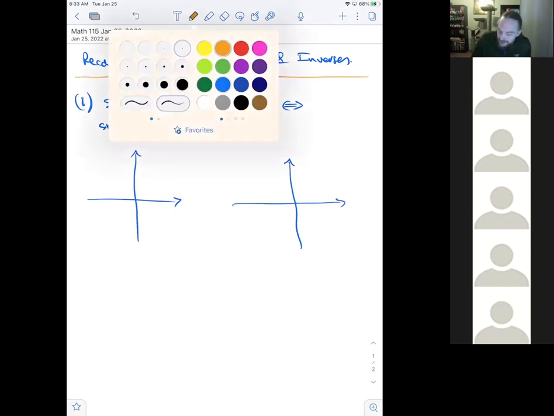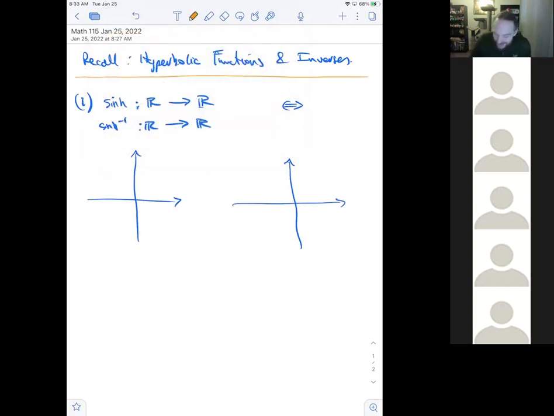Sine hyperbolic looks roughly like x cubed, and therefore sine hyperbolic inverse looks roughly like the inverse of x cubed, which is x to the 1/3. So this will be sine hyperbolic inverse.